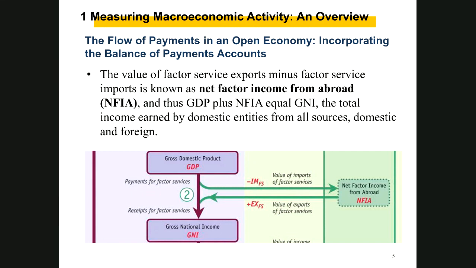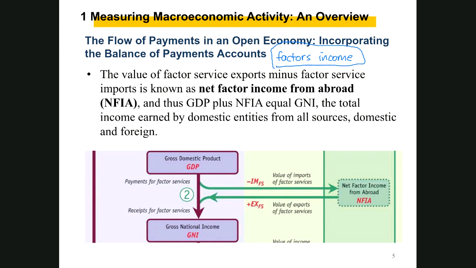Okay, and then we need to take factor income into consideration as well, right? So we are not only doing trade in goods, we are also doing trade in services. For example, you hire people outside of the US, so you have to pay wages to the foreigners.